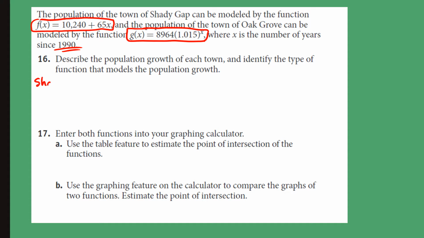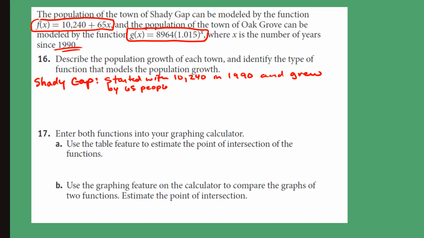So Shady Gap, what does it look like it started? Looks like it started with about 10,240 people in 1990 and grew by 65 people each year, right?